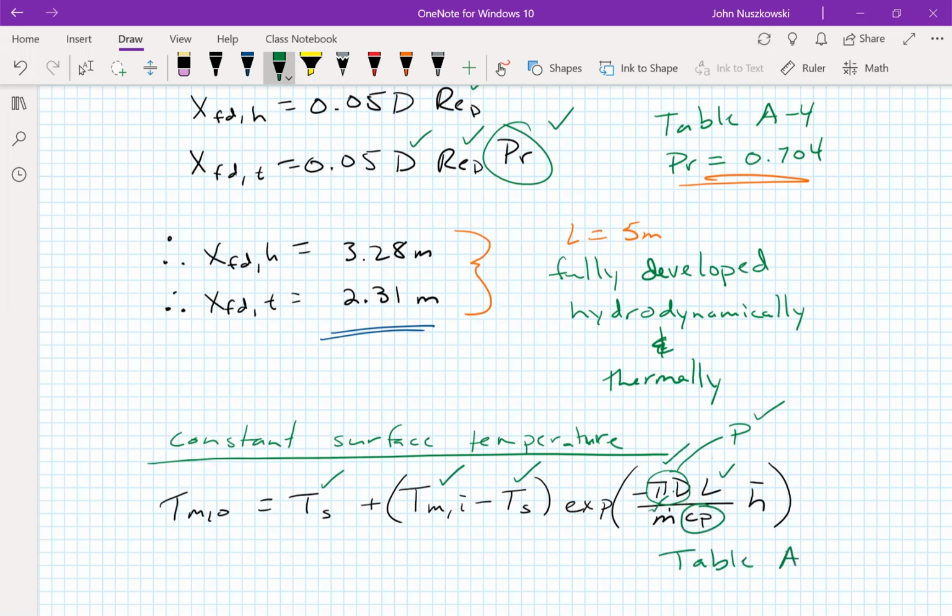So from table A4, we get our Cp value, and that is 1008 joules per kilogram Kelvin.